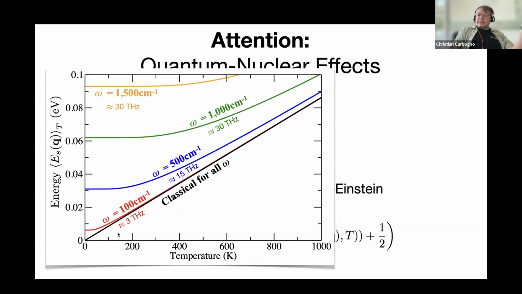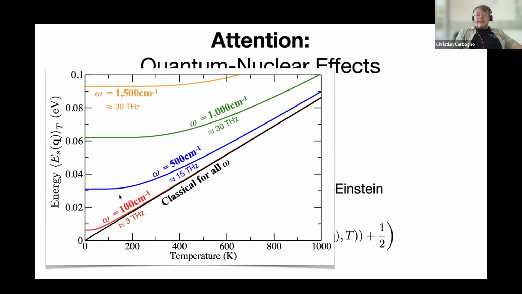we have a constant behavior. Regardless of what frequency this oscillator has, it has zero energy at zero temperature and then increases linearly. So the higher the temperature, the more energy each of these oscillators has, regardless of its frequency. If we switch to the quantum mechanical picture, however, we have a distinct dependence on the frequency itself.